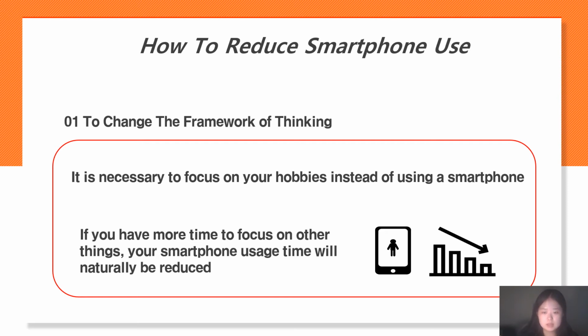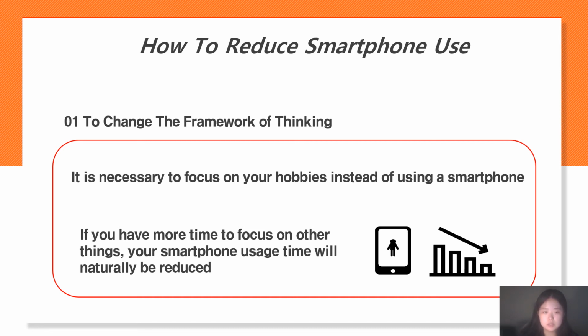In this case, it is necessary to focus on your hobbies instead of using a smartphone. Rather than looking for hobbies to reduce the use of smartphones, you should think that it is to develop your hobby and invest more.